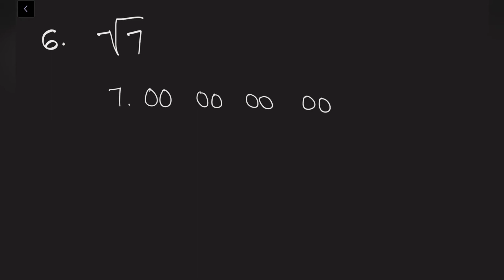Sixth question, find the value of root 7. So write the 7 first, then 0.000000. How many digits you want, those many zeros you keep.